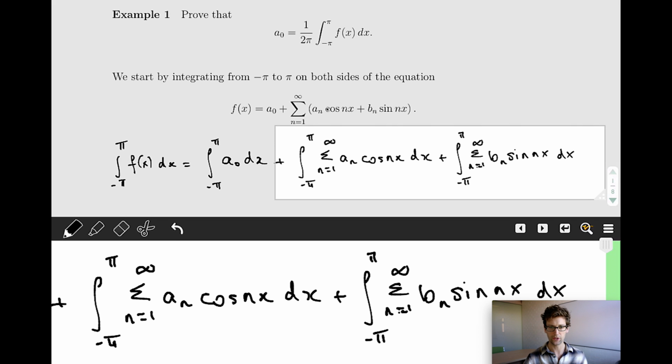So notice there that I really just split this summation from n equals 1 to infinity into its two different pieces: the sum over the cosine terms and then the sum over the sine terms.